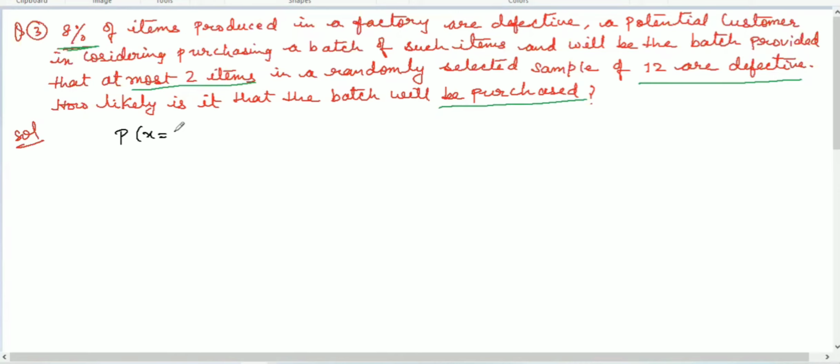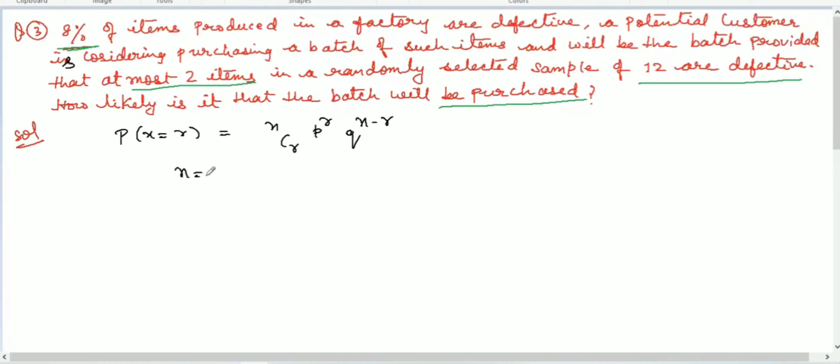So first write down the formula. P, probability of x equal to r, is nCr, probability of success to the power r, probability of failure to the power n minus r. Now write all the information from the question here.